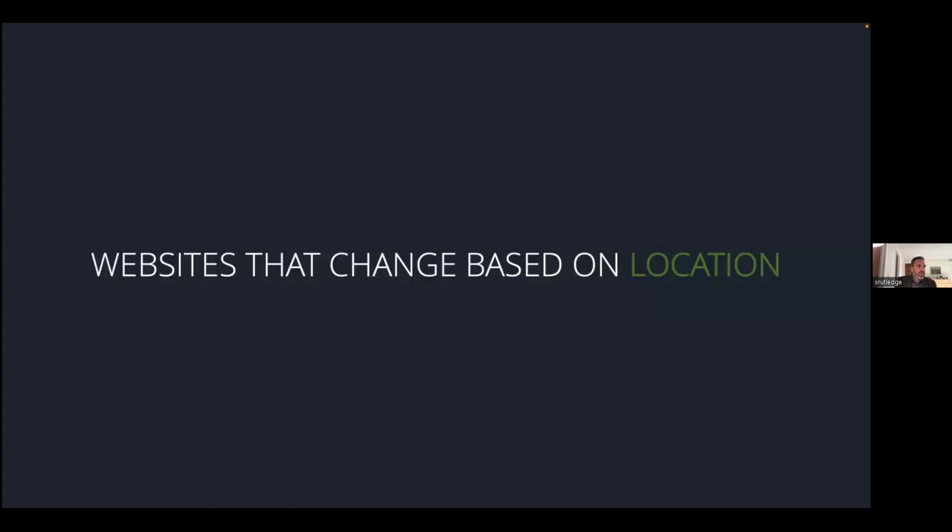The next are websites that change based on location. You interact with these with web weather apps and things like that. But as marketers or creatives, you can do this with real hard backend JavaScripting, or you can do it simply through custom URLs.